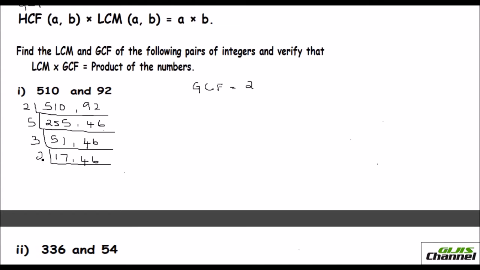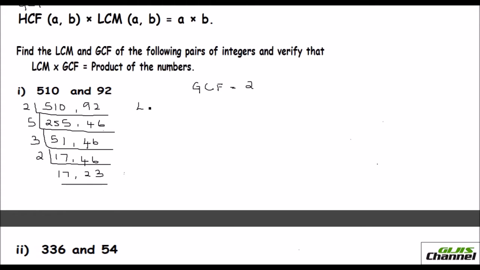Now 17 is a prime number, so you can stop that. Let's continue with 46. 46 goes into 23 times and there it ends. You have got both prime numbers here.